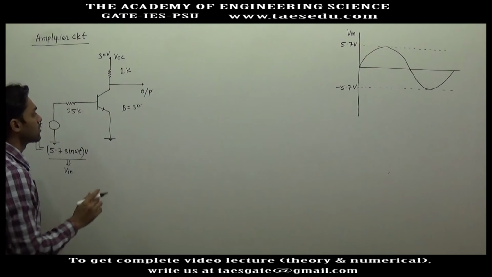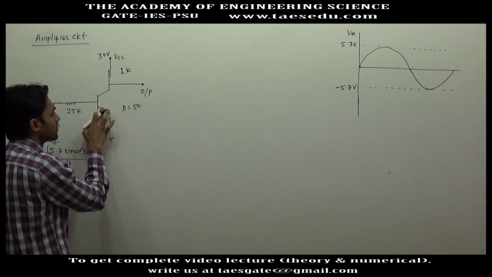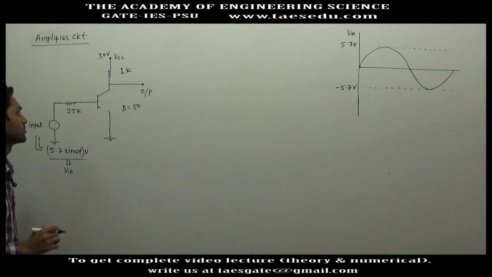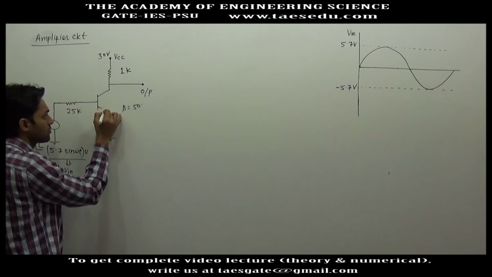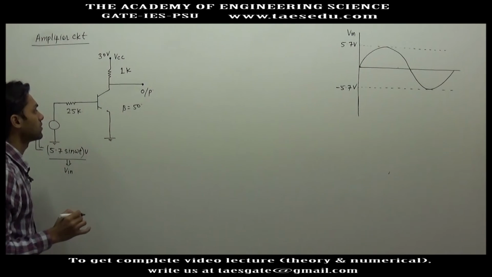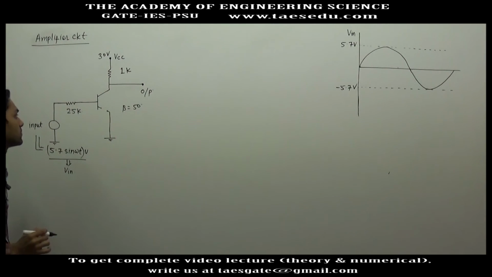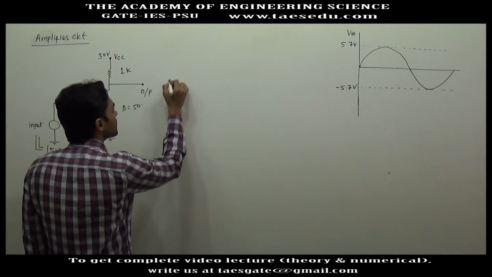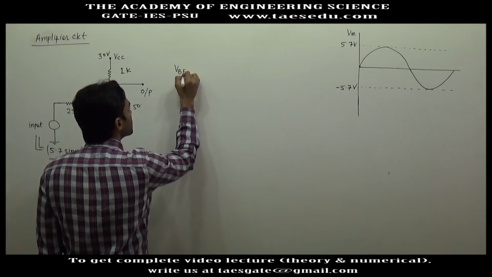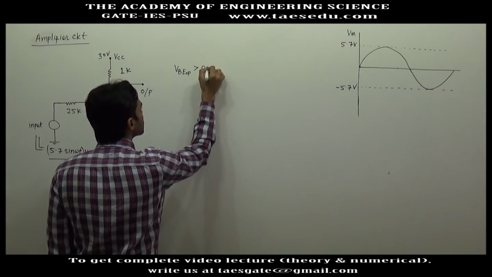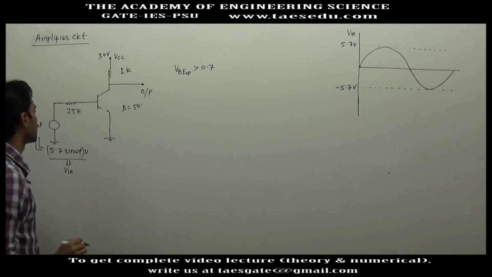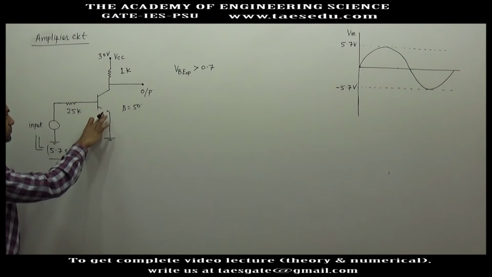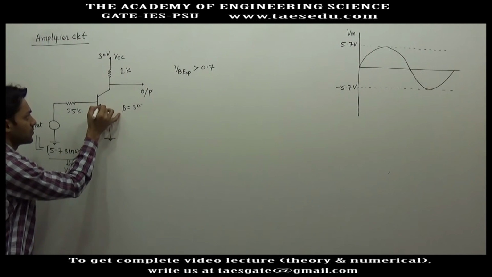So first we will find out the condition when the transistor will be out of cutoff region. So for the transistor to operate out of cutoff region, we have studied that its open circuited VBE must be greater than 0.7 volt. So when you open circuit it, what will be this voltage?